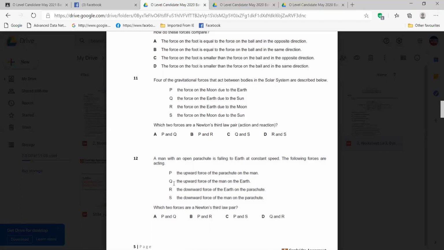I think it's C. P and S: the downward force of the man on the parachute, the upward force. Yes, this one is showing us a pair force. P and S. So I think you understood it.